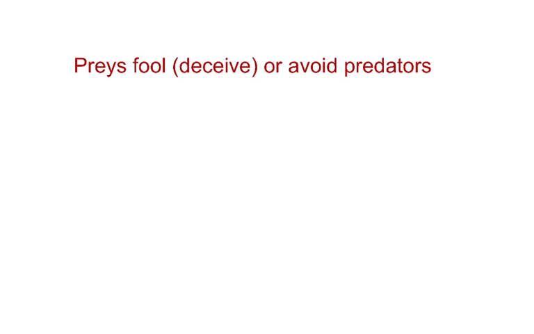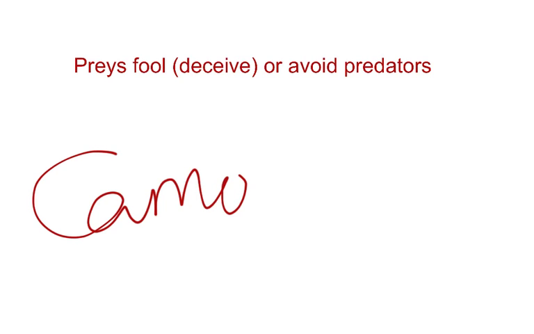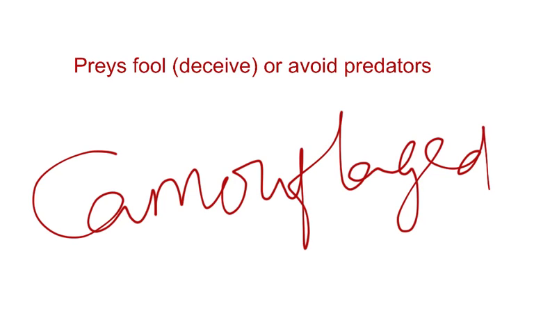Prey species have evolved various defenses to lessen the impact of predation. They include ways to fool, deceive or avoid predators, like camouflage. Camouflage is the blending coloration which various types of organisms like insects and frogs have.